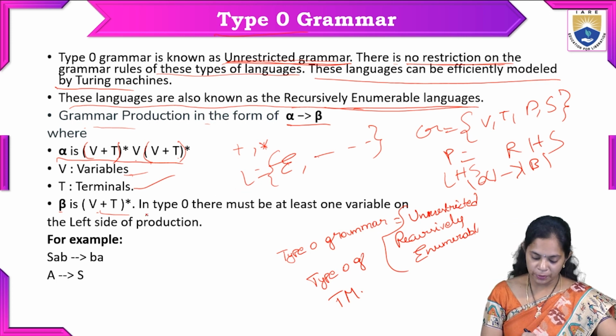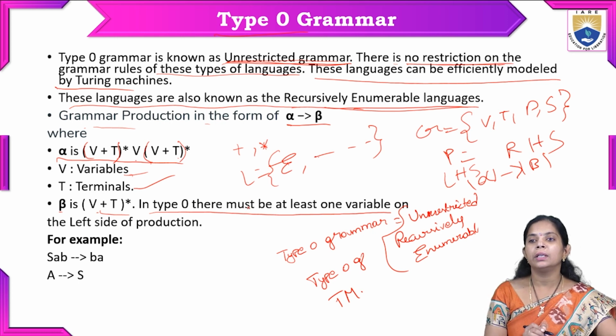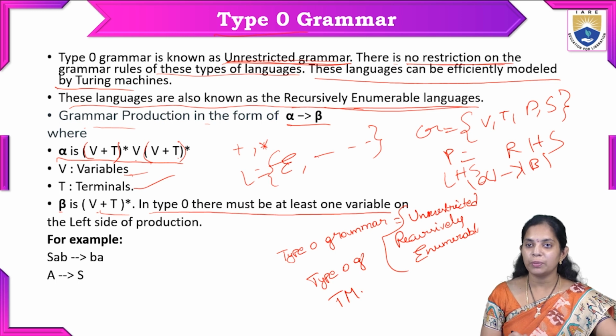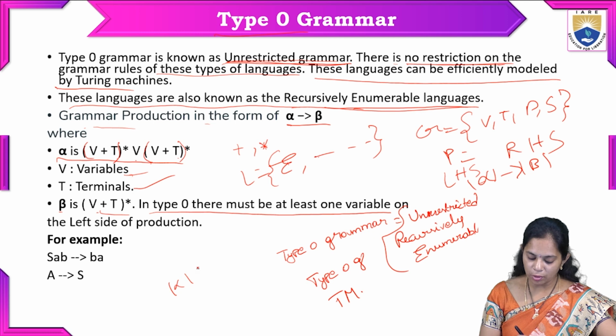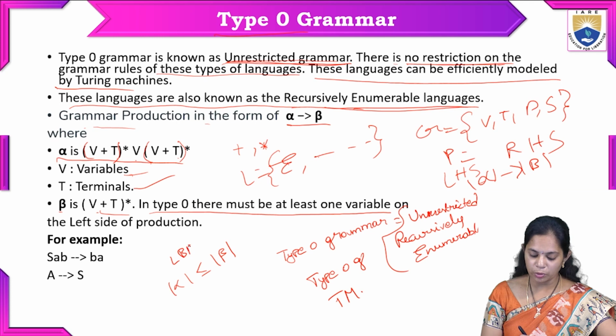And beta is also a combination of V plus T whole star. In the type 0, there must be at least one variable on the left hand side of the production. In the previous context sensitive grammar, we discussed the length of alpha less than or equal to beta, which is about the linear bounded automata. Coming to the type 0 grammar, that is the unrestricted grammar type, alpha has at least one non-terminal.